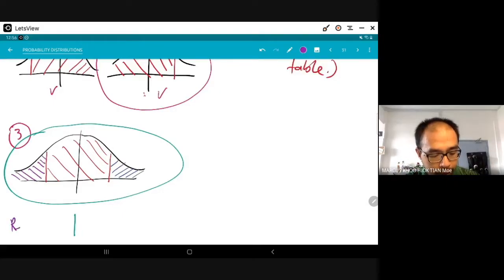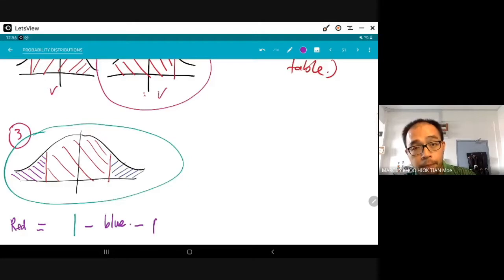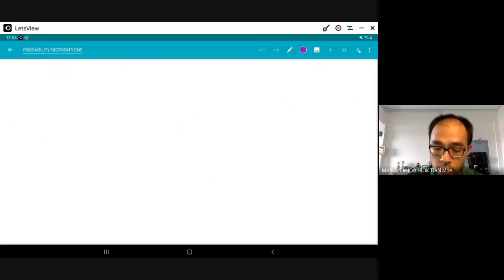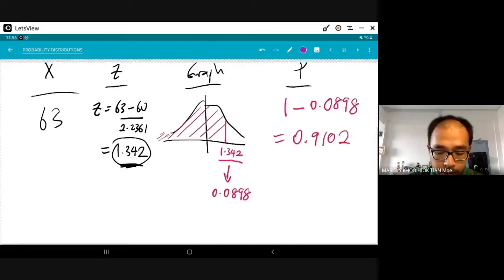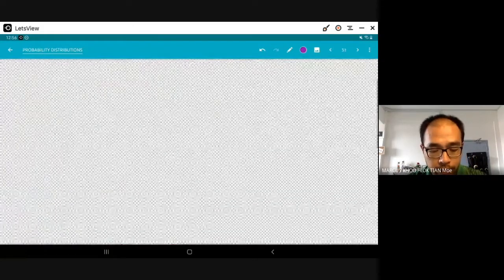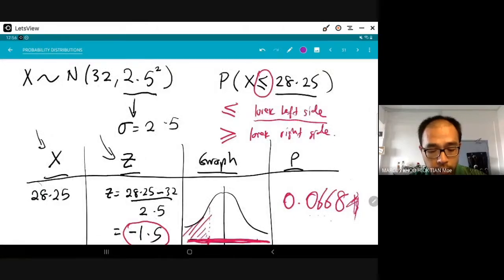So the red color part is equal to 1 minus the blue probability minus the purple probability. Now I'm going to use the same situation as this question just now. You know what, I'm going to use this lah. This is better. Okay, this is an easier variance to work with.